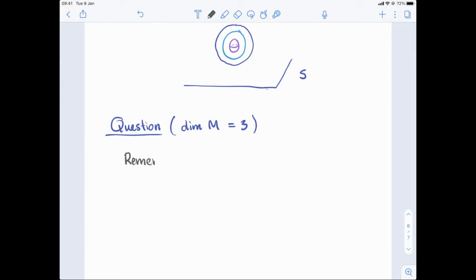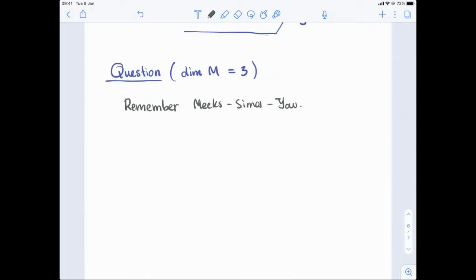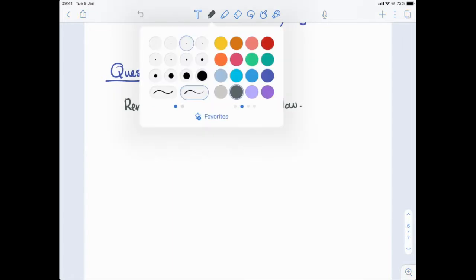So remember the classical work of Meeks, Simon and Yau, where they're trying to find, given an isotopy class of surfaces, they're trying to take one surface in that isotopy class and then deform it into a minimal surface in that class.